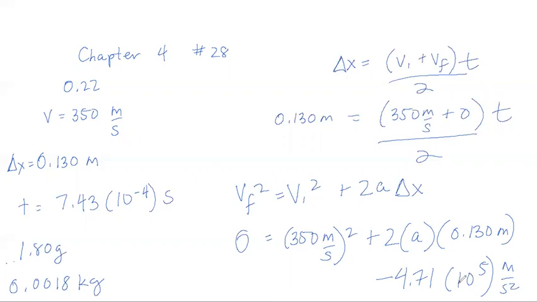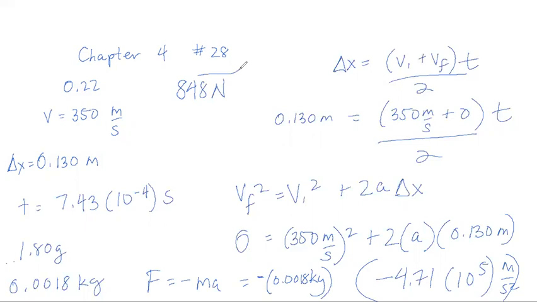And my force, going in the negative direction, is F equals negative ma equals negative 0.0018 kilograms times that, and my force is going to be 848 newtons. You do the math, and I do encourage you to do the math.